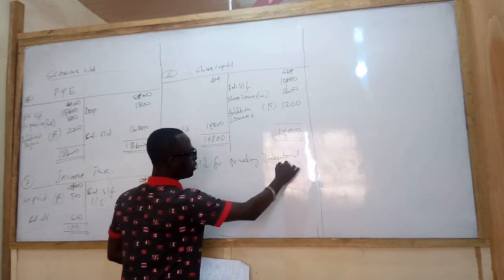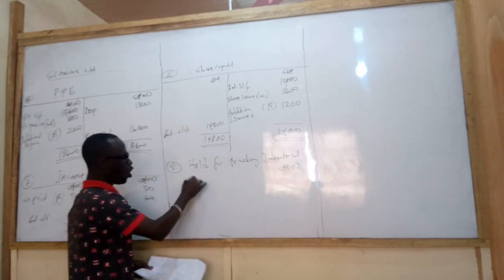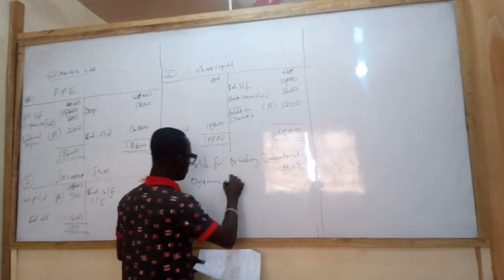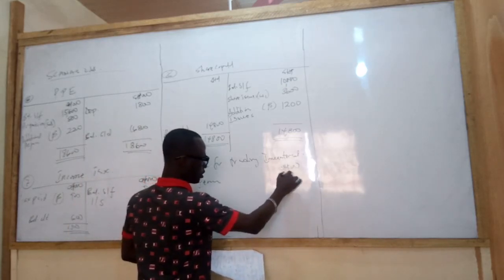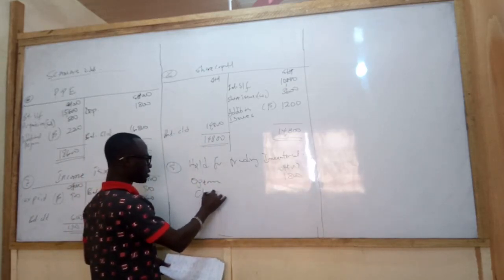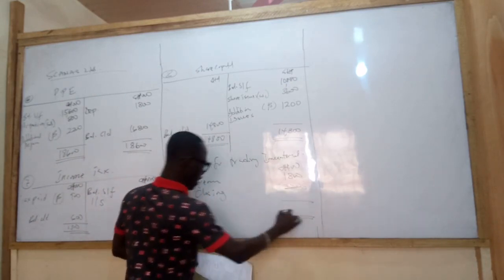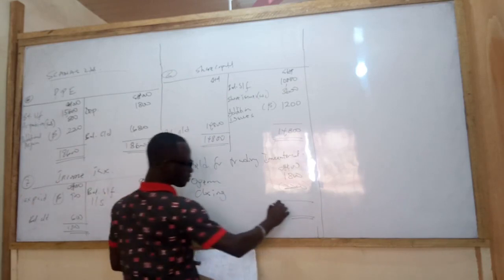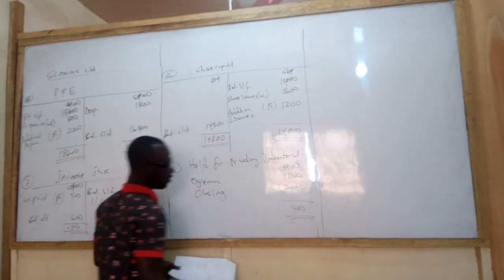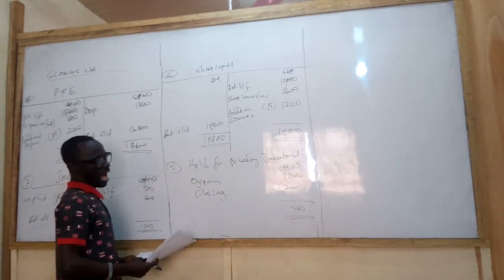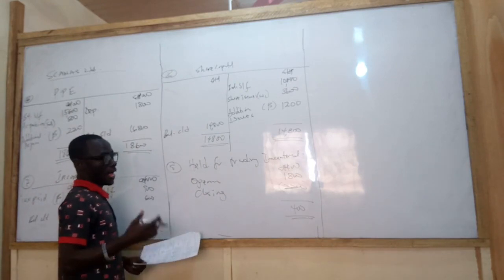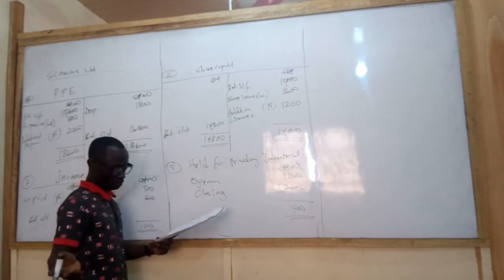So look at what we do. We bring the opening balance, how much? 1,008, then the closing balance, 22, and the difference will be what? 400. Is it increasing or reducing? Increasing.